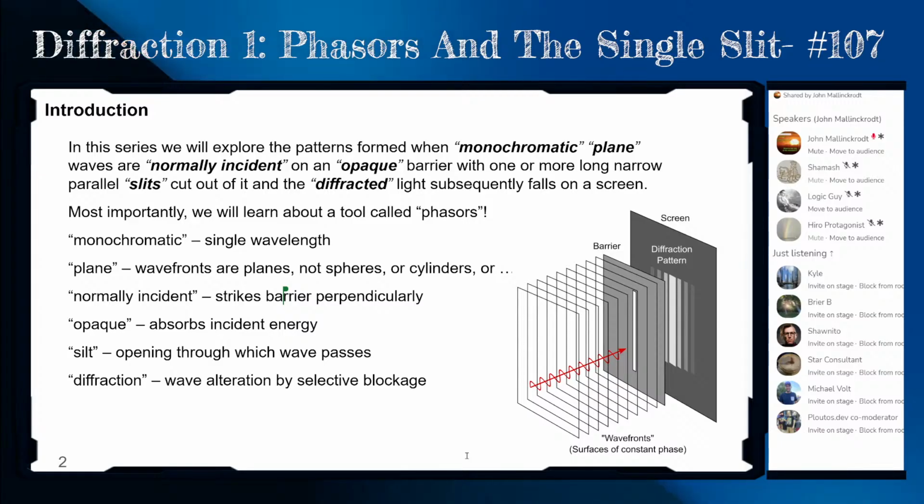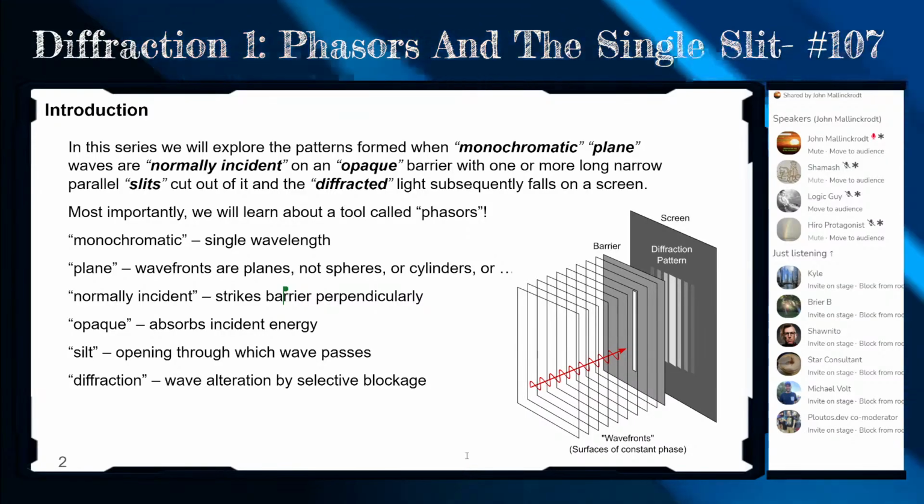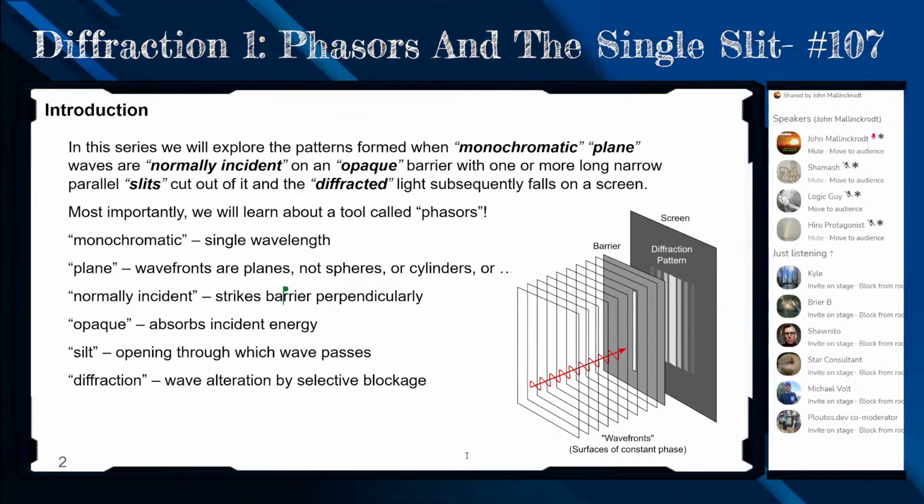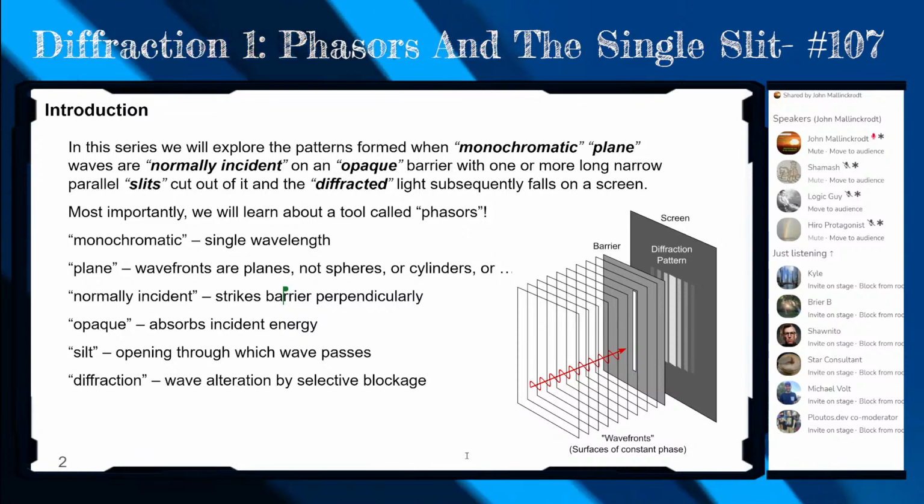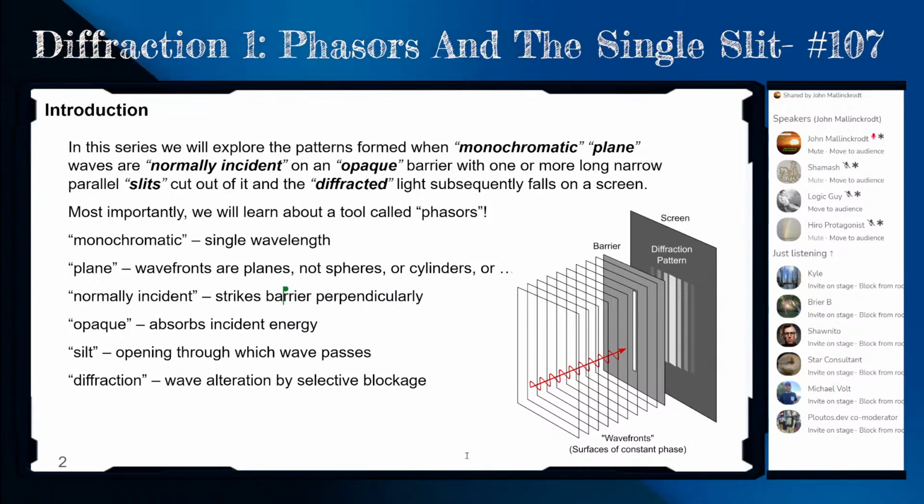Let's see, I guess I didn't say that. The wave fronts are what we would call surfaces of constant phase. If you think about a water wave, you've got a peak and then a trough and then another peak. The peaks are all places of constant phase separated by one wavelength. The wave goes through one full cycle as it goes from one wave front to the other.